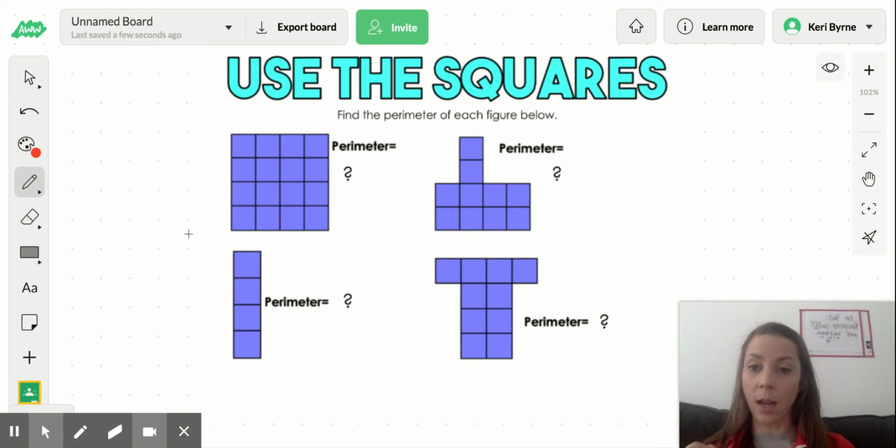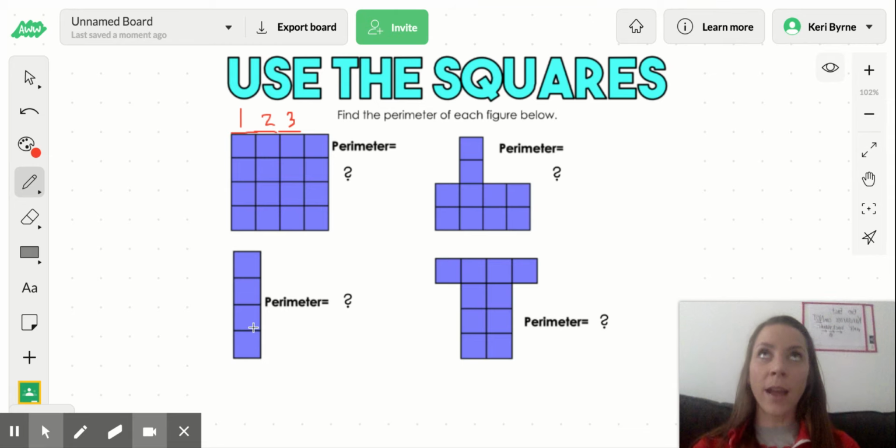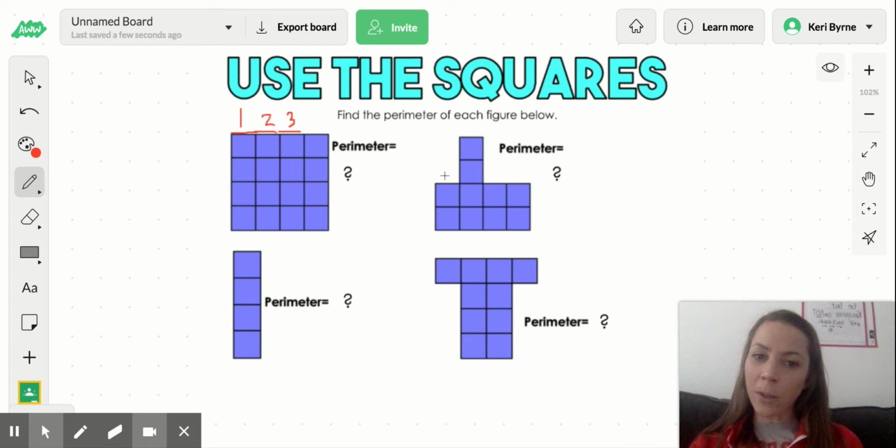We're going to try it on this one. So what's really important is, as you're counting, make sure you draw that line first before you count, okay? Now, on the rectangles like this and this, you're going to go, why do I need to do that? This is easy. And it is easy on rectangles, but once you get to these ones that are not perfect rectangles, it's going to be trickier, okay?